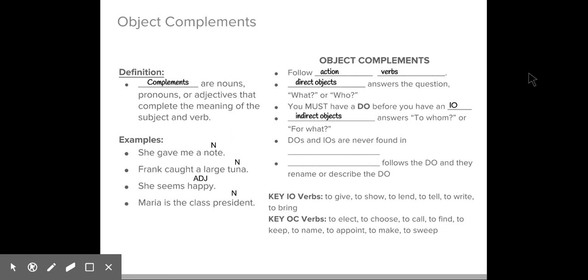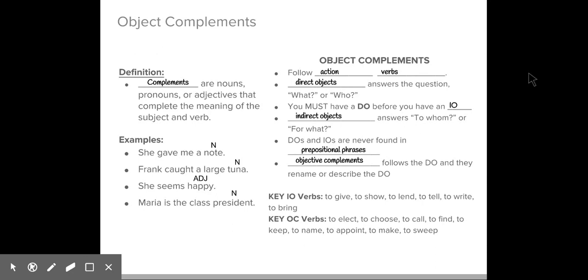And I said this before, but you didn't have to write it down, that DOs and IOs, and OCs for that matter, are never going to be found in prepositional phrases. Finally, objective complements follow the DO and they rename or describe the DO. They could be a noun or an adjective after the DO.